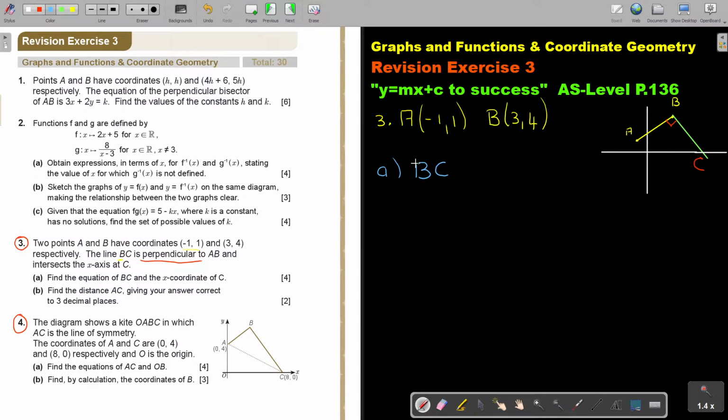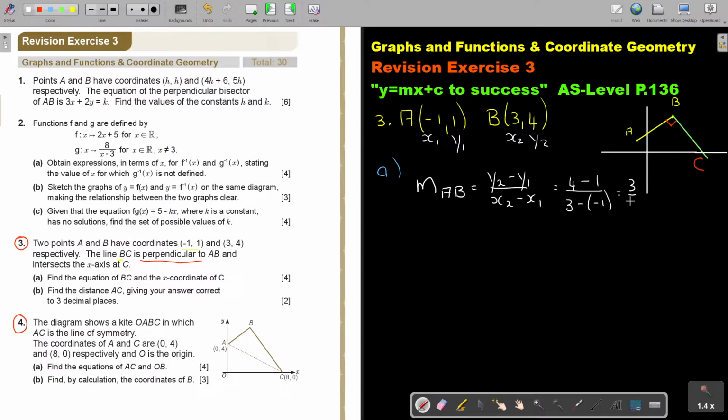So let's now go and find the equation of BC. The first thing that we are going to do is find the gradient, because we have the 2 points. I'm going to find the gradient of AB, because that's going to be y2 minus y1 over x2 minus x1. Remember, this is x1, y1, x2, y2. So that is 4 minus 1 over 3 minus -1, and that is 3 over 4.